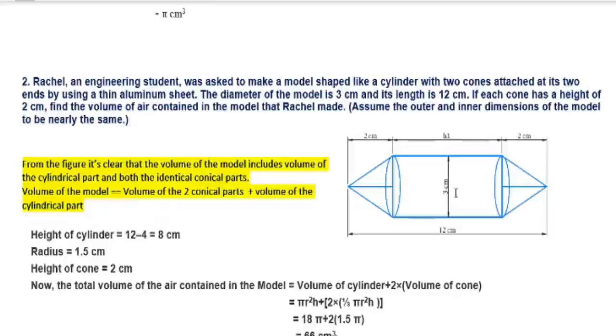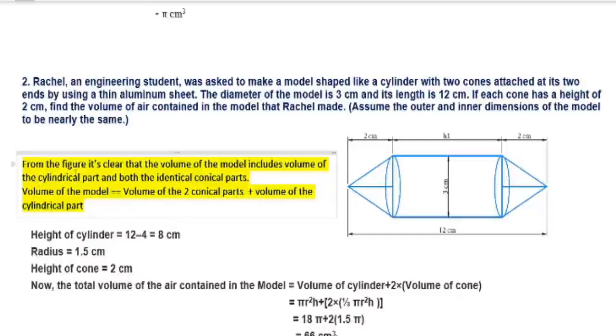So here the height of this cone is given, the height of the cone is 2 cm. Here also the height of the cone is 2 cm. So we can find out the height of this cylinder. Height of the cylinder is 12 minus 4, that is equal to 8 cm.